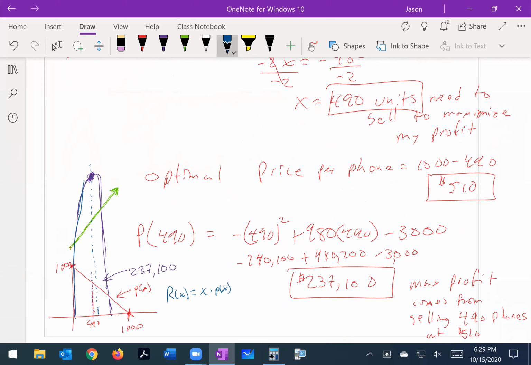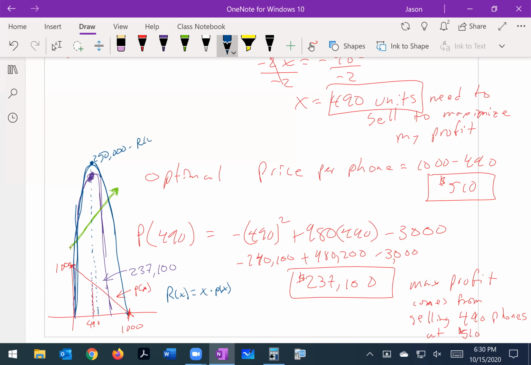But this one would be completely symmetric, and that would be at 250. That's the revenue function.